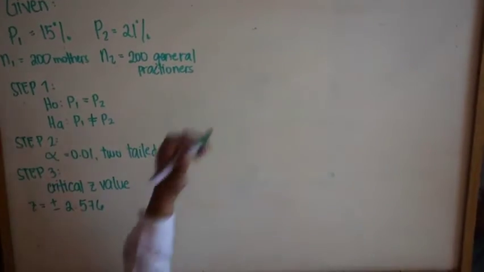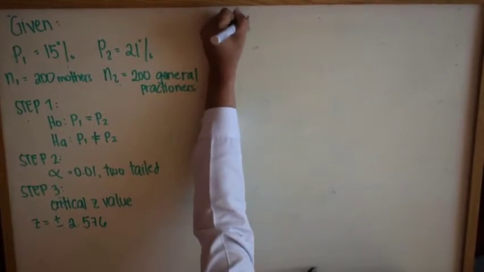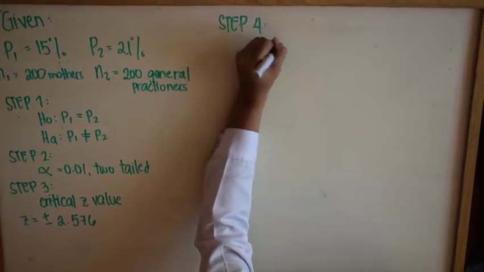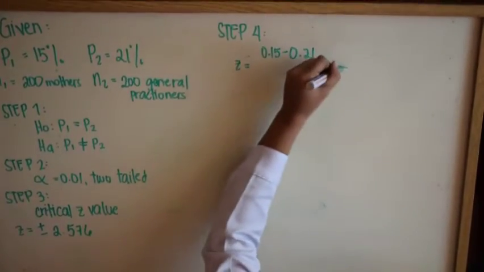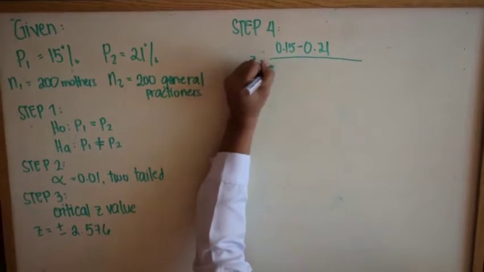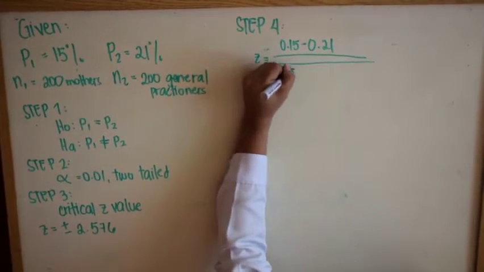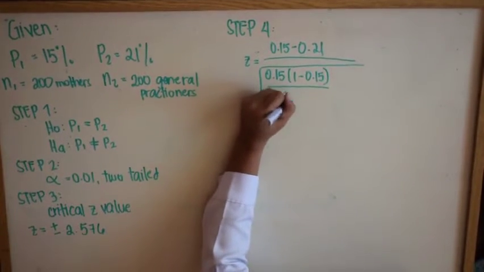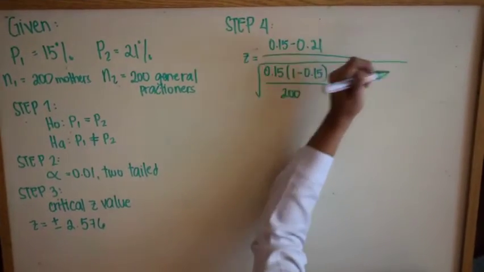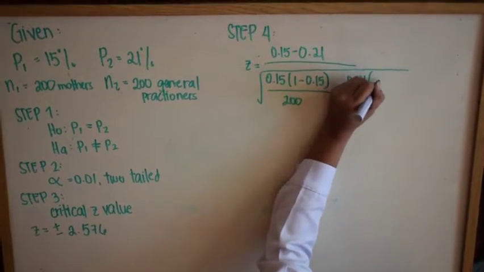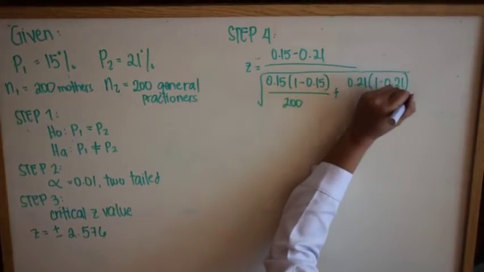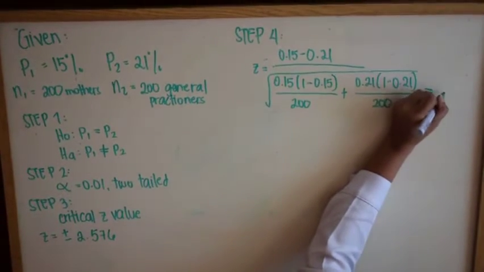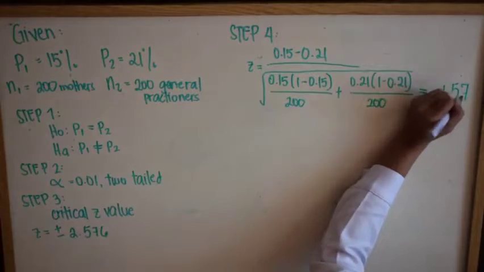Step 4. We need to compute. z is equal to 0.15 minus 0.21 over the square root of 0.15 times 1 minus 0.15 over 200 plus 0.21 times 1 minus 0.21 over 200, and it is equal to negative 1.57.